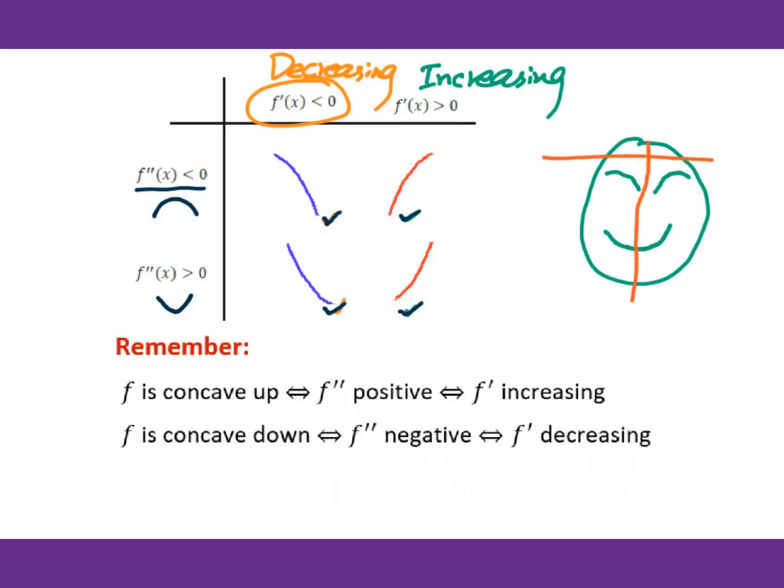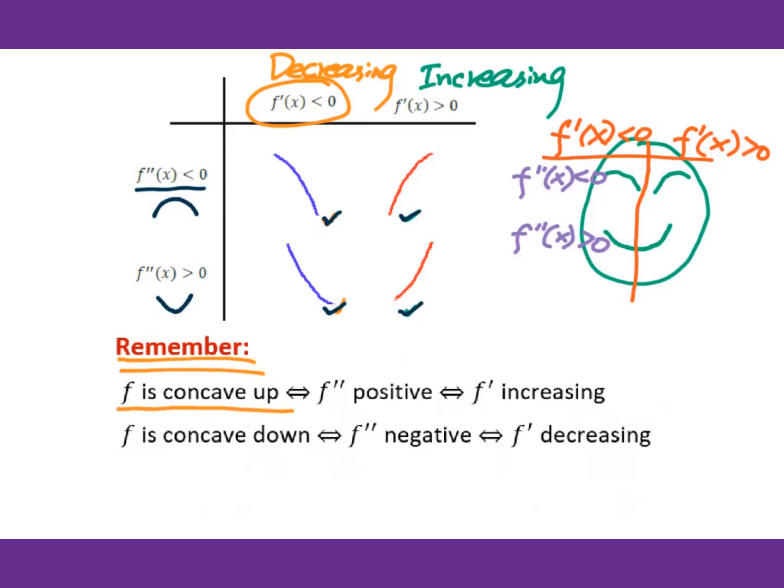And for the first derivative less than 0, and then the first derivative greater than 0. This is the second derivative less than 0. This part is the second derivative greater than 0. This is very important, you need to remember.